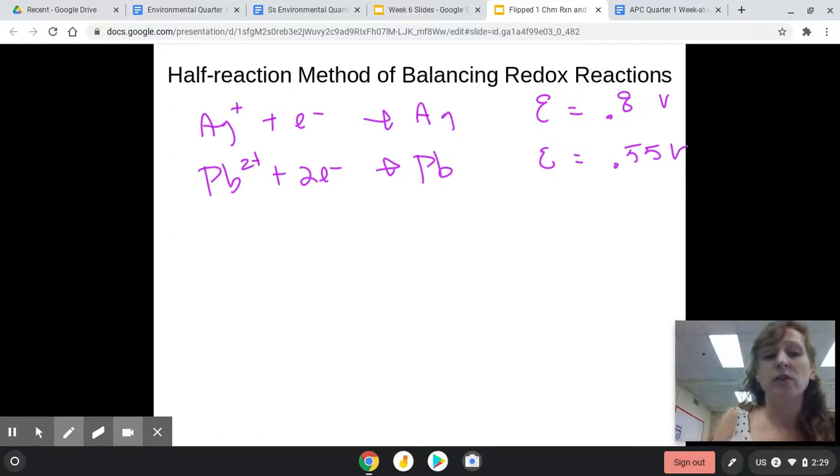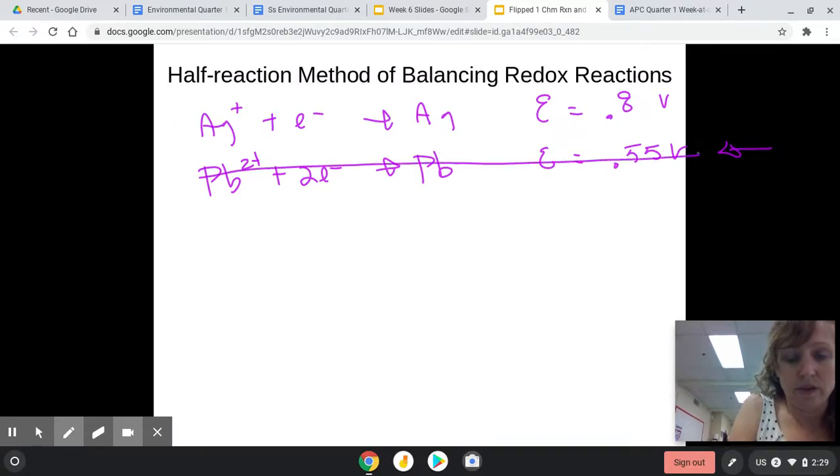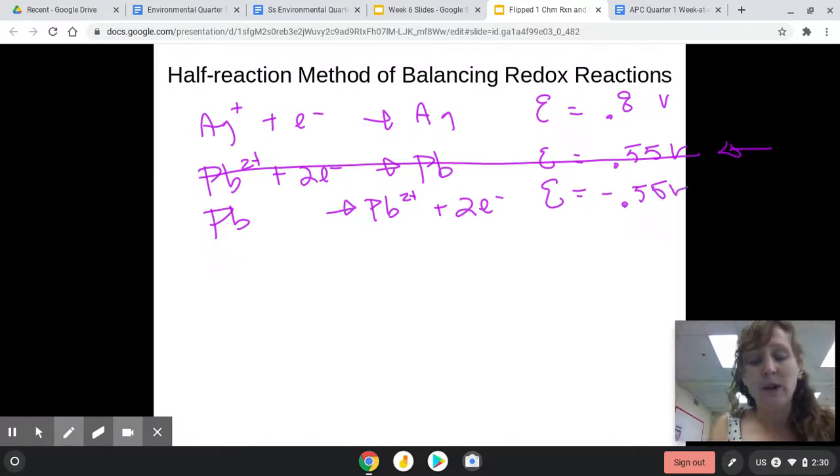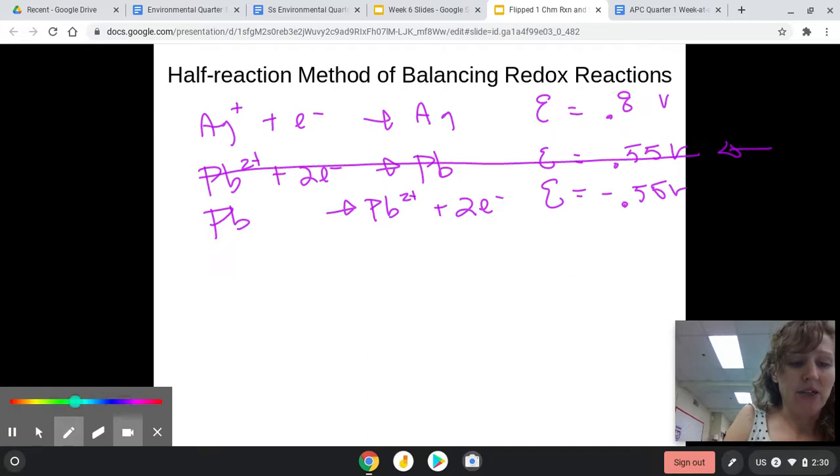So we're going to flip the second one in this case. Lead, instead of being a product, is now a reactant. The lead 2 ion and the 2 electrons are now products, and I'm going to flip the cell potential to be negative. Okay, so now I can add them up, but now we need to look at balancing the electrons.